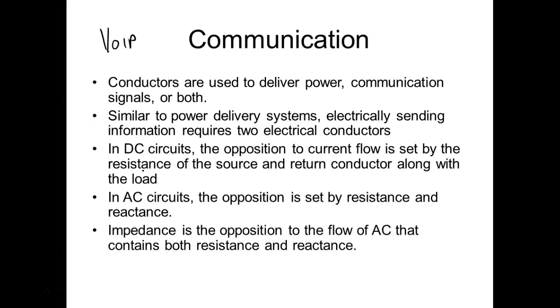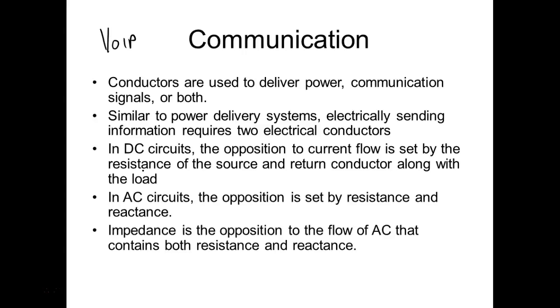In DC circuits, the opposition to the current flow is set by the resistance of the source and return conductor along with the load. In AC circuits, the opposition is set by something called resistance and reactance. Reactance varies with frequency, resistance does not. When I combine reactance and resistance in the circuit, it creates an opposition that we call impedance.